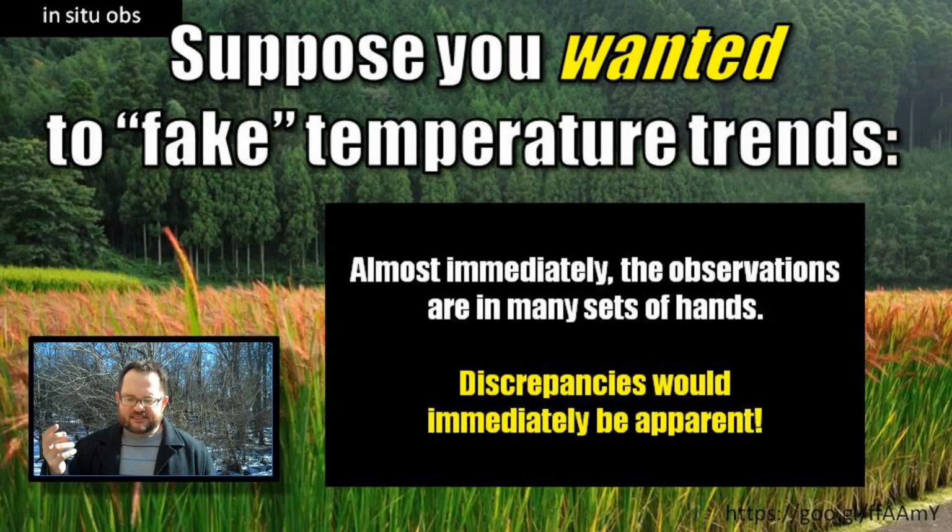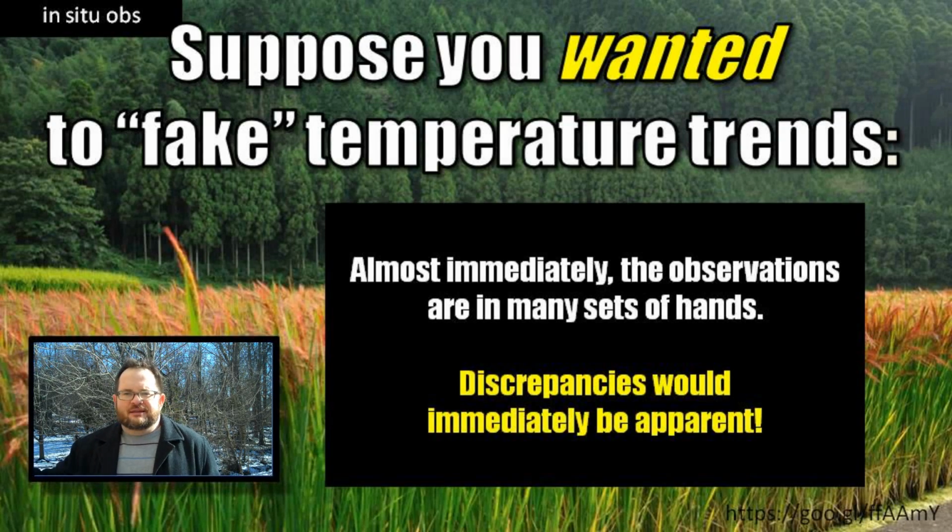Well, okay, you're some scientist in the United States, and the National Climate Data Center in Asheville, North Carolina, decides they're going to start adding a little bit to each of the temperature observations in the United States to make global warming look good.